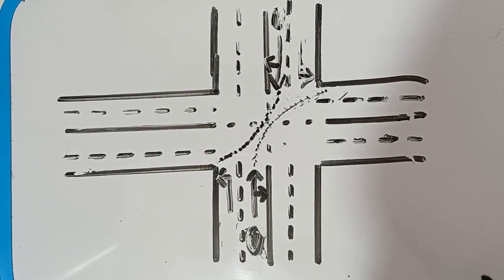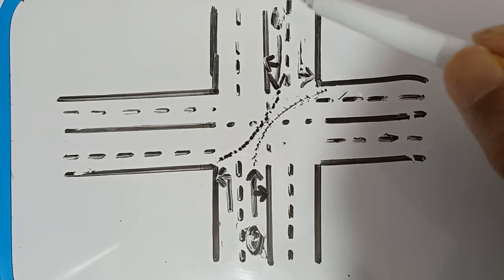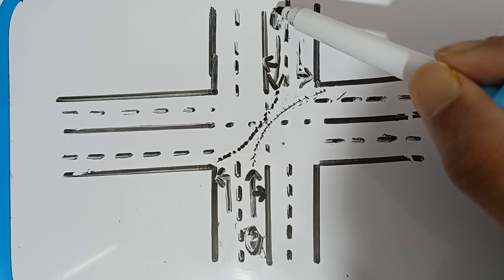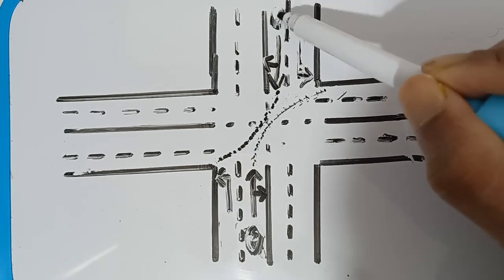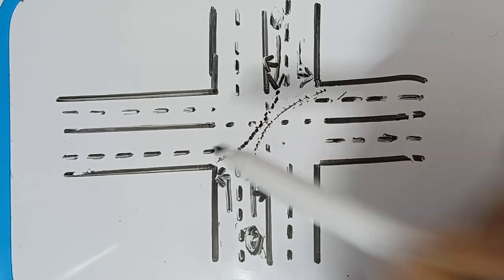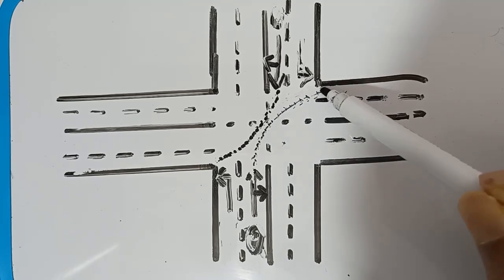Now we will discuss one type of crossing which is called near side to near side crossing. If you want to turn right and your vehicle is just at this point, and from the other side another vehicle also needs to turn right and that vehicle will be on that point, then they will turn right from this side and you will need to turn right from this way.